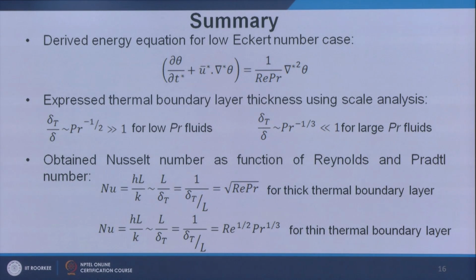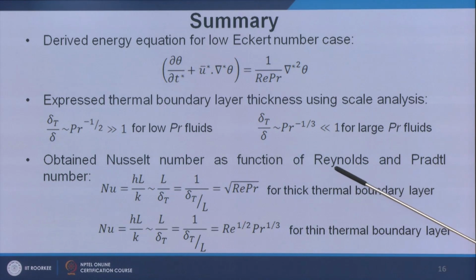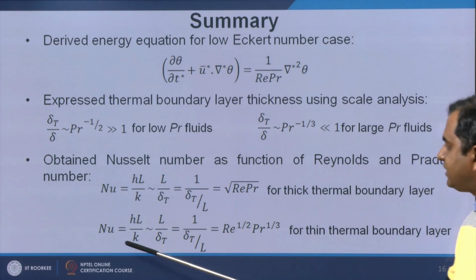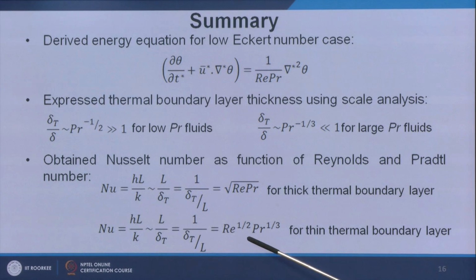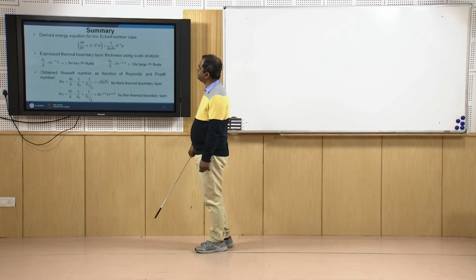We have obtained Nusselt number correlations in terms of Reynolds number and Prandtl number. For a thick thermal boundary layer, Nusselt number is of the order of root over of Re Pr, and for a thin thermal boundary layer compared to the velocity boundary layer, Nusselt number is of the order of root over of Re into Prandtl number to the power 1/3. These things we have understood in this lecture.